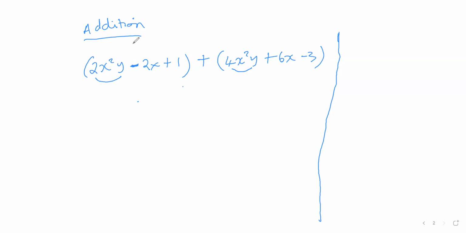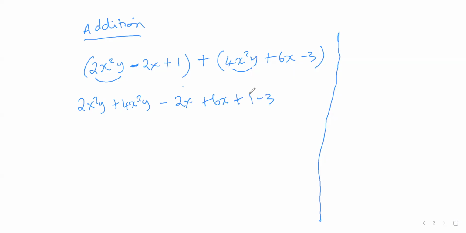So in adding two expressions, what you need to do is just to add like terms only. So if I add these like terms, it will look like 2x squared y plus 4x squared y minus 2x plus 6x plus 1 minus 3.